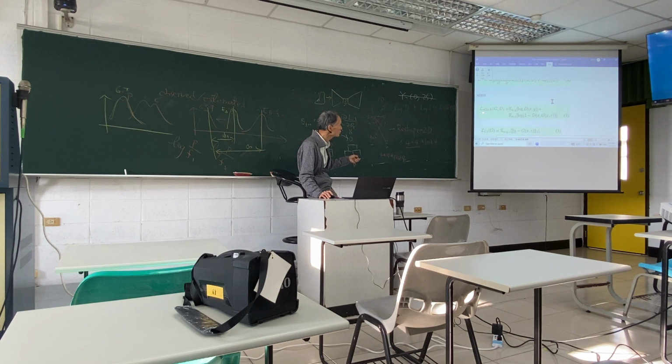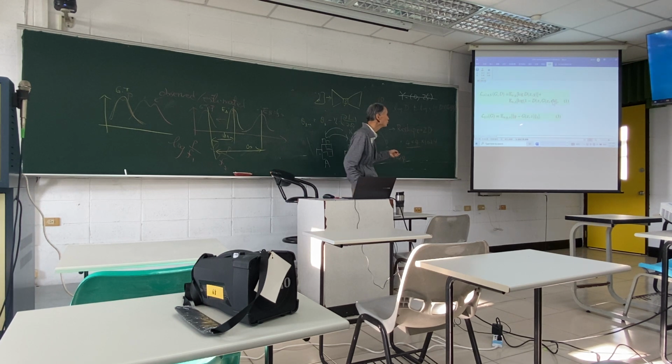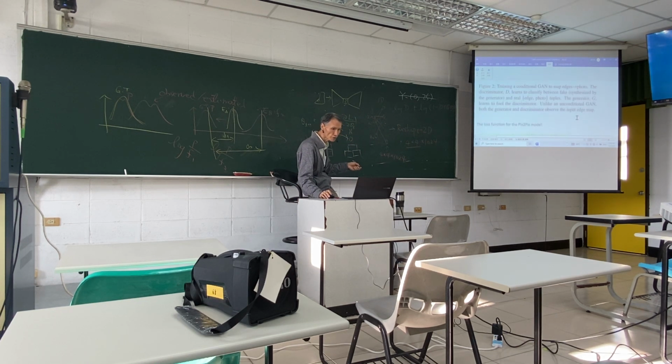So the conditional GAN is nothing but just like the regular GAN. But for L1, you try to minimize, you use a mean square error, to minimize the difference of the generator output and the thing you expected, the ground truth image.